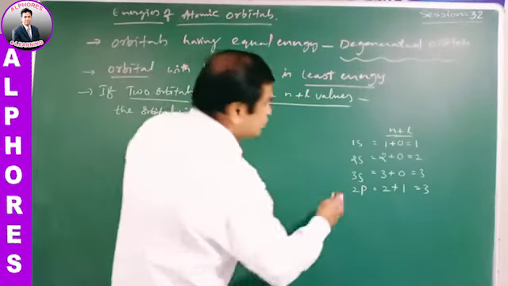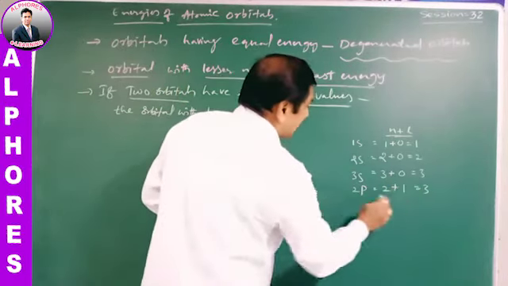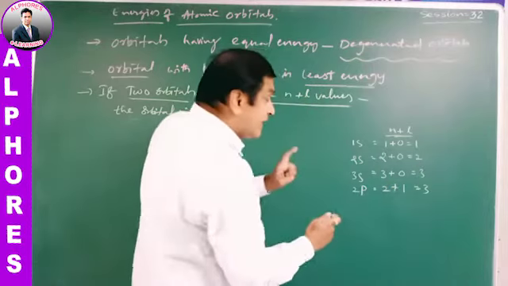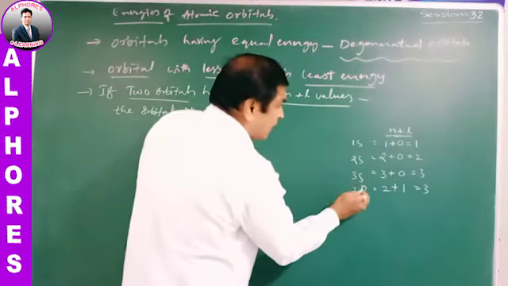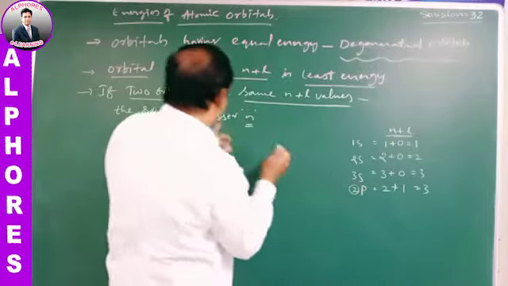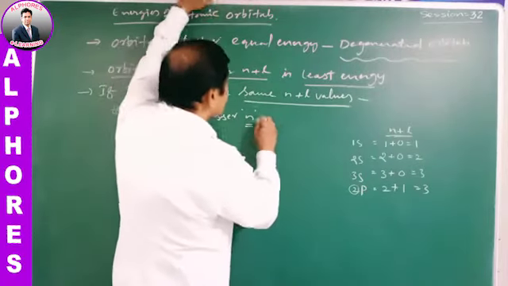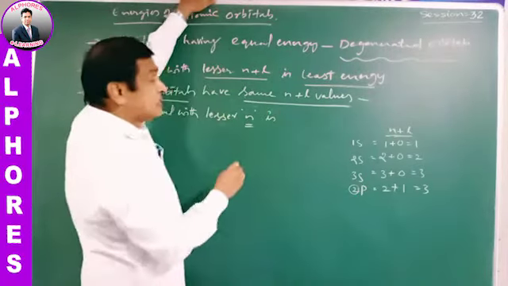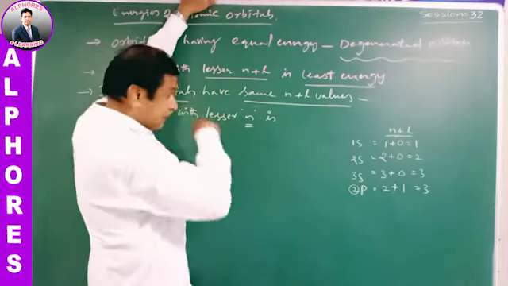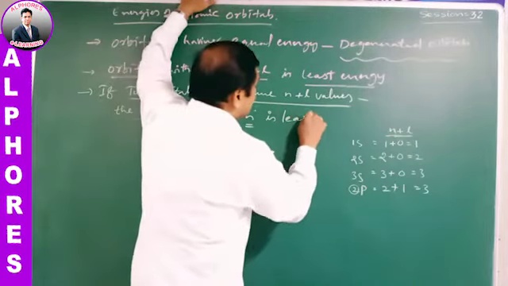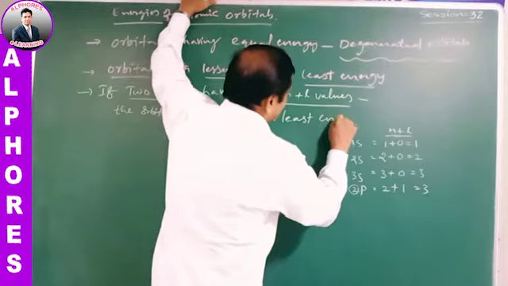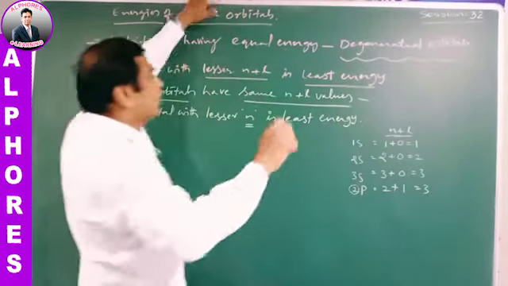You have to compare these two, which have the same n plus l value; the lesser n is the 2p orbital, so it is the least energy. You got my point?